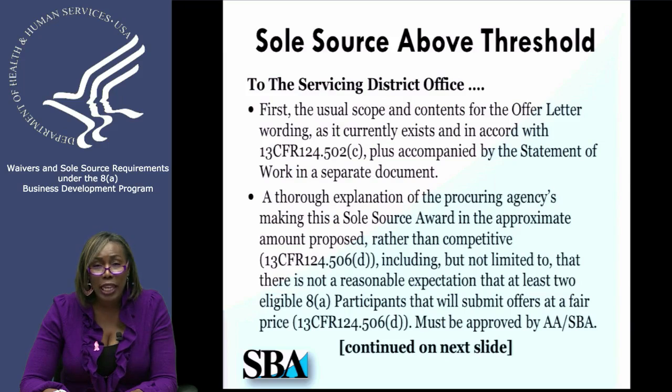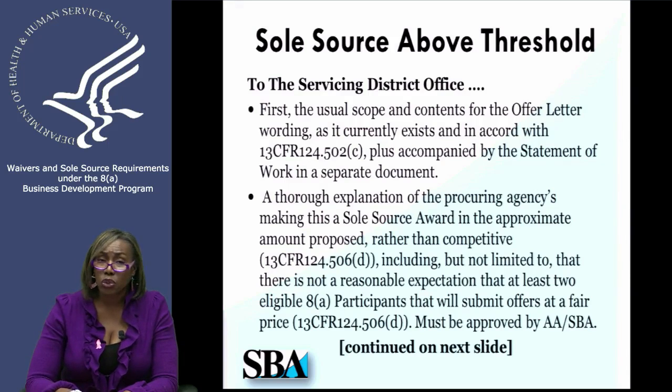However, with any waivers, any requests for these requirements, they should always go through the district office servicing your procurement office. And it is important that you do that, because we do get things at headquarters that we'll go back to the district office. So it'll save you time and it'll save us time if you follow proper procedure and just go to your district office.